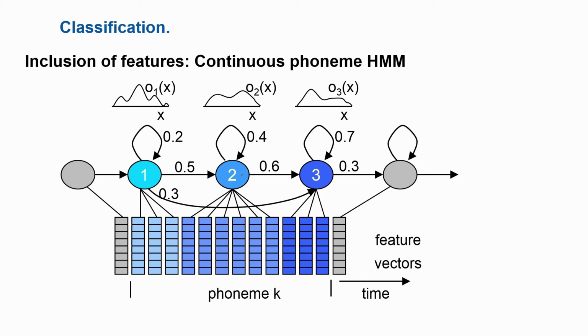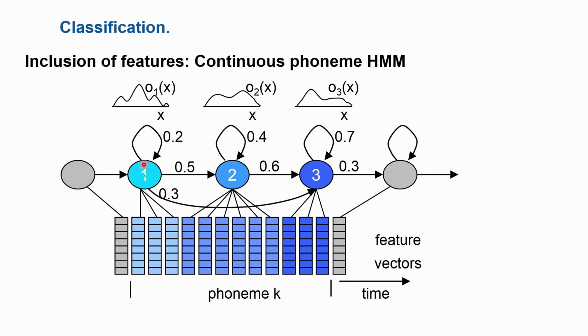But now there's a fixed alignment between these states and a particular class of phonemes in the way that typically 3 states constitute one phoneme, in order to take into account the co-articulation, so the shaping from the previous sounds and from the subsequent sounds in the articulation of a particular word.